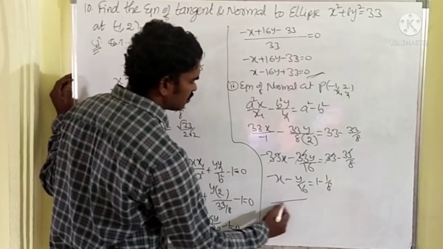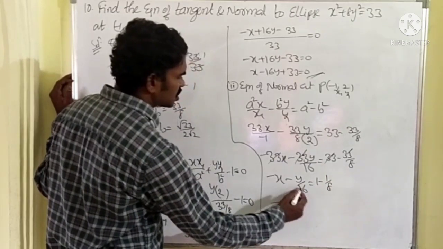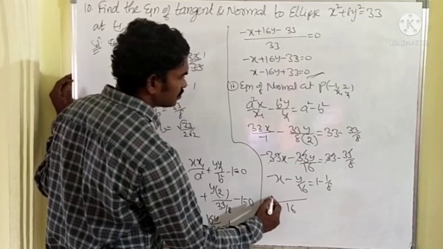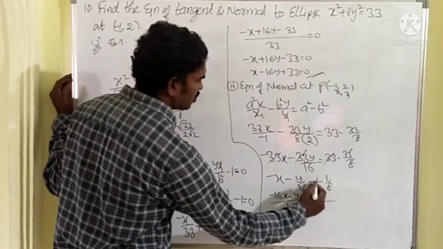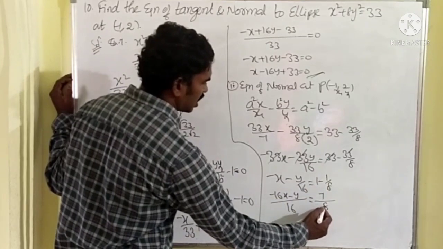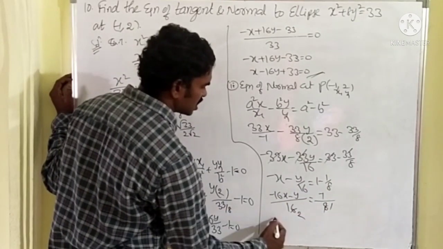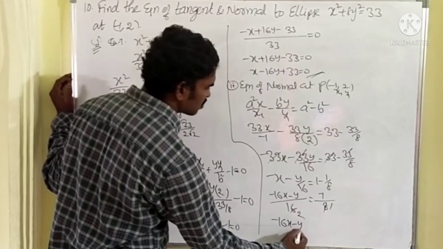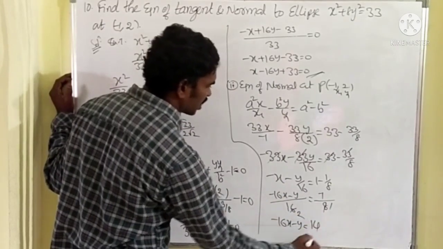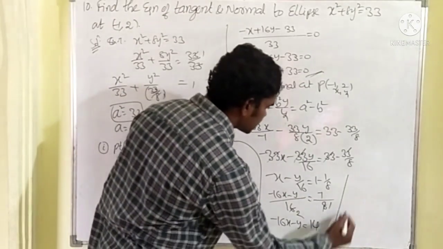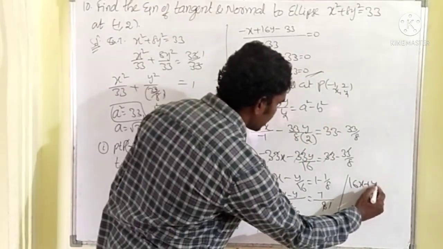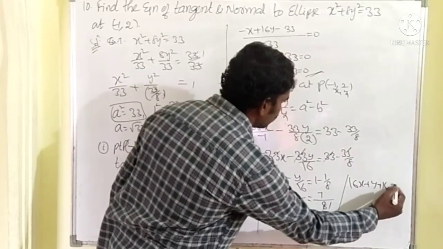So take the LCM, 16 is the LCM, 16 into minus, so minus 16x minus y is equal 8 minus 1, 7 by 8, and again 8 into 2 gets cancelled, minus 16x minus y equal 2 into 7, 14. Send all these terms to the right side, becomes 16x plus y plus 14 is equal 0, is the answer.